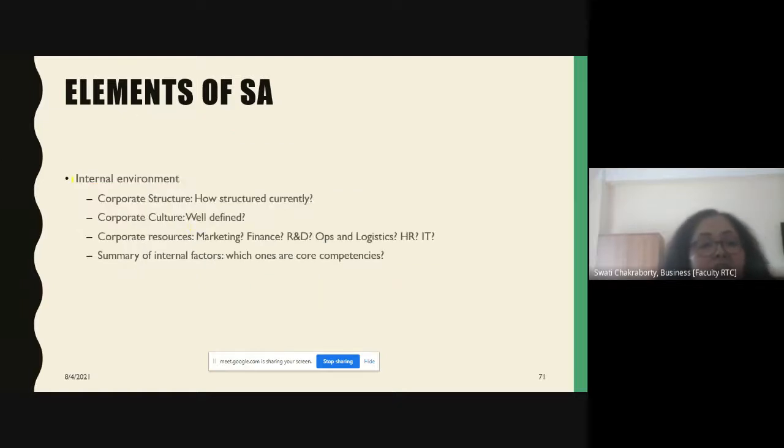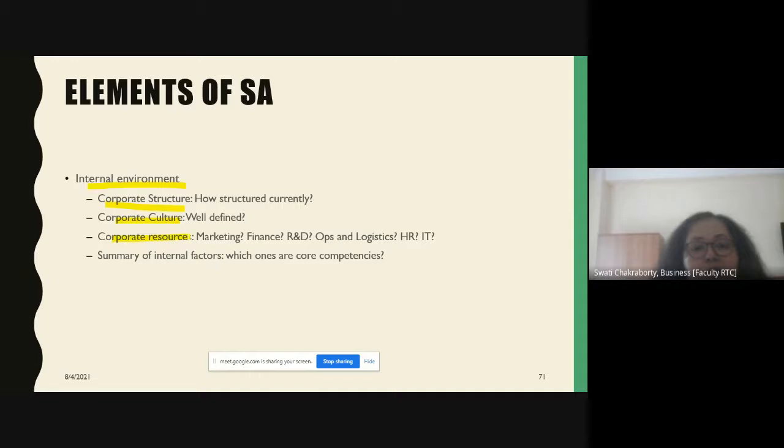Then we have the internal environment. Under internal environment, we have corporate structure: how structured is the organization at present? To what extent is it structured properly? Then corporate culture: is it well defined?